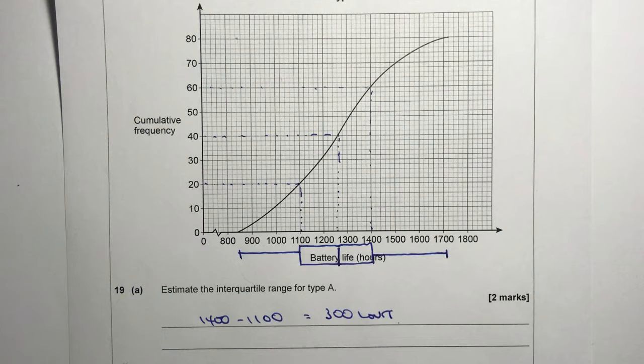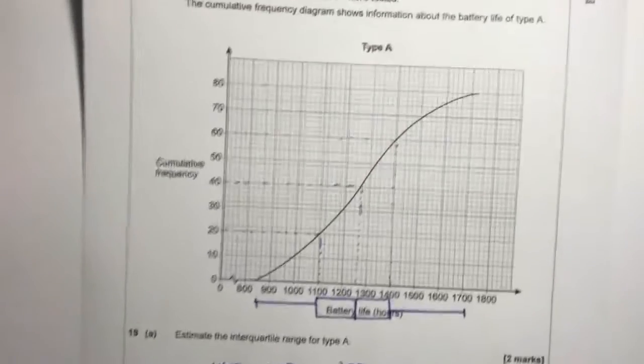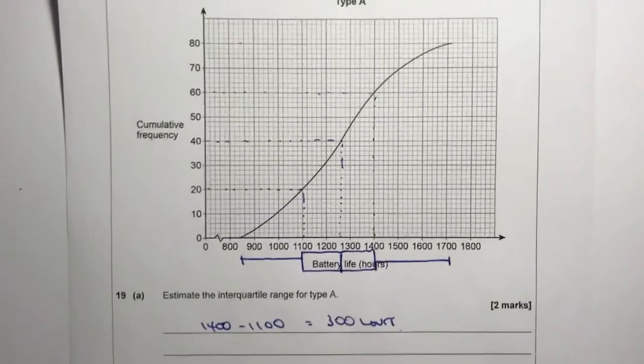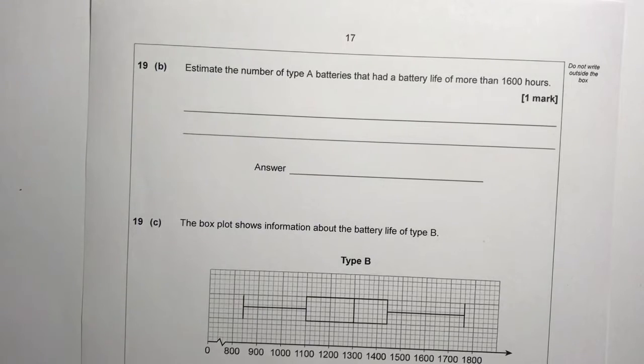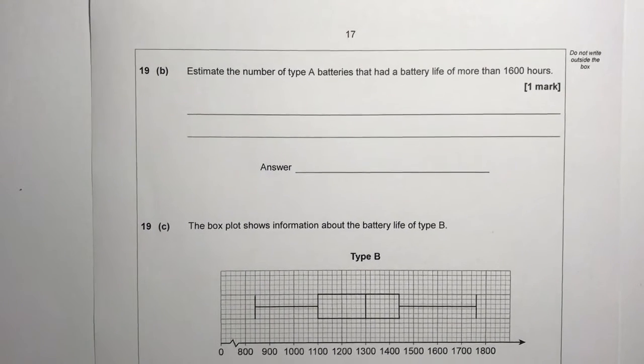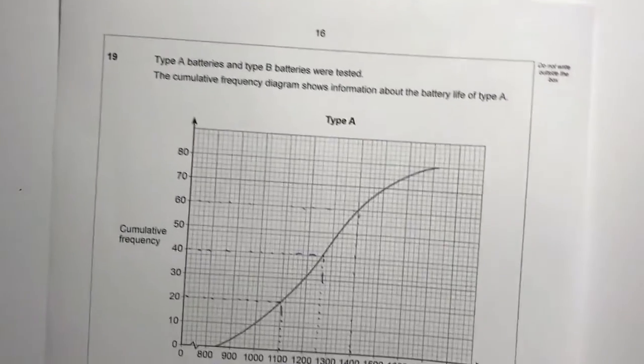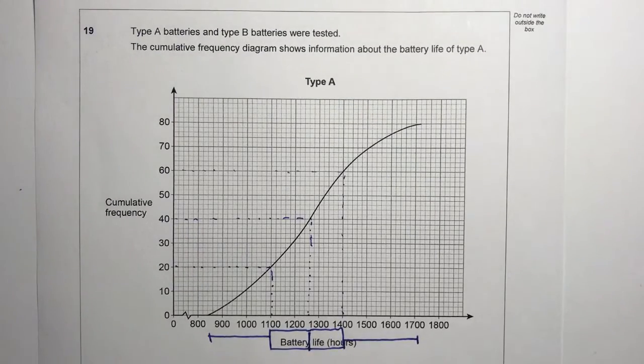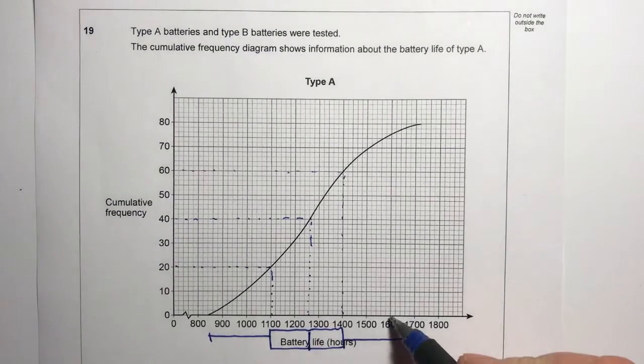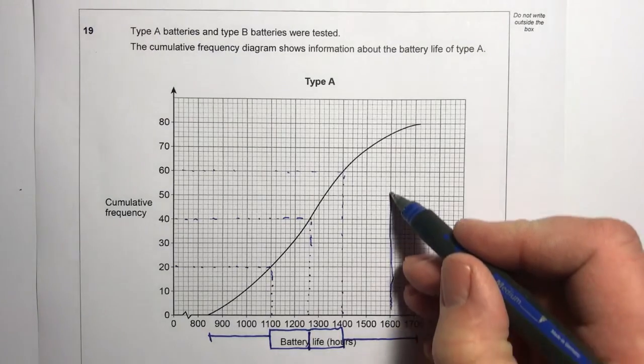Okay, we might need to keep referring back to the diagram for the next question, but it basically says that we're going to look at the number of batteries of type A that have a battery life of more than 1600 hours. A little bit tricky, but if you go back to the diagram itself, for 1600 hours it's going to be these batteries here.